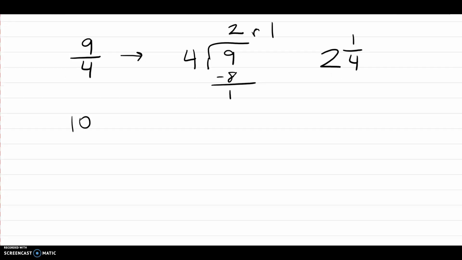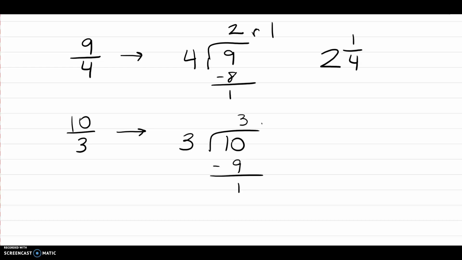Let's do the same thing for 10/3. You divide, so how many times does 3 go into 10? Well, that's 3 times, because 3 times 3 is 9. And there's 1 remaining. So that's 3 and 1/3. And the last fraction we did, 11/5.